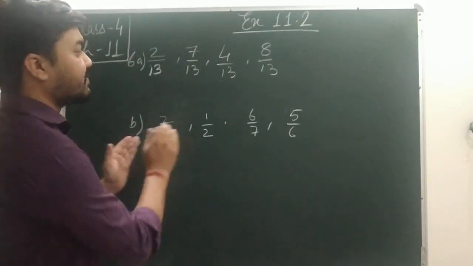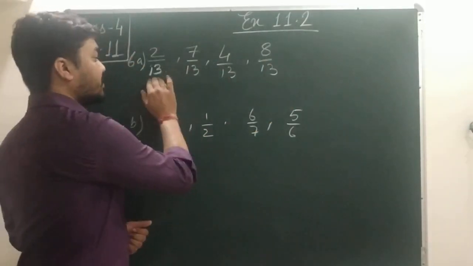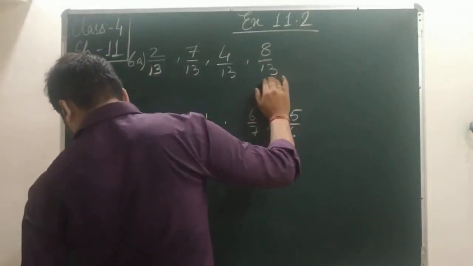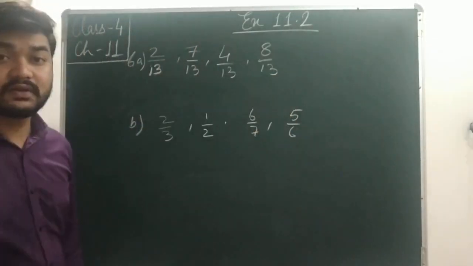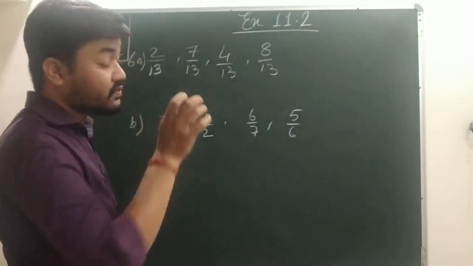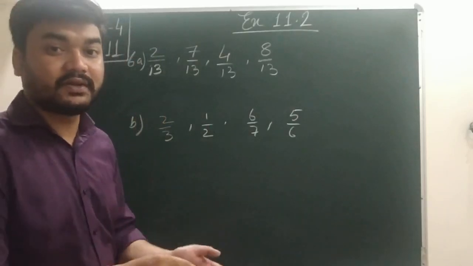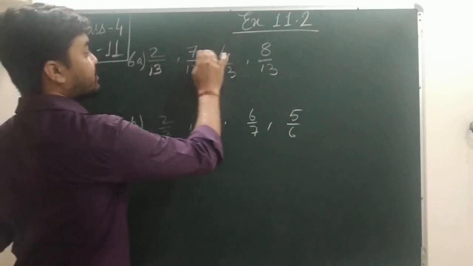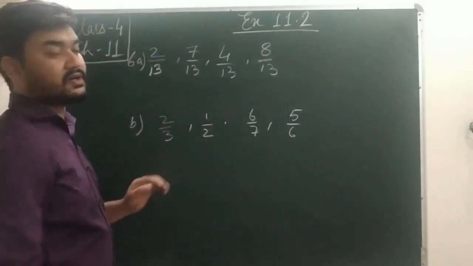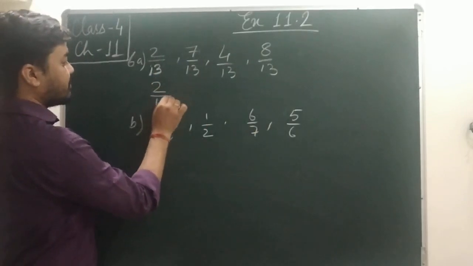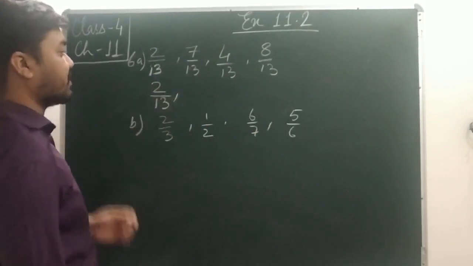It is very simple to arrange because all the denominators are the same. You see 13, 13, 13 and 13. Okay. So we just have to write in the ascending order by seeing the numerator. The smallest among all the numerators is this one, so the first fraction will be 2 by 13.